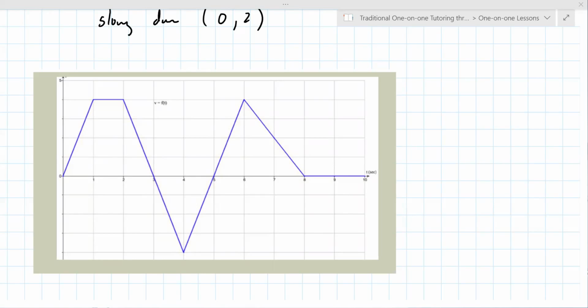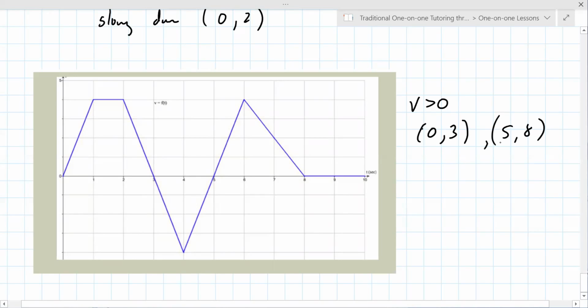Let's go through a few of these. Where is velocity greater than 0? 0 to 1 and 5 to 6. So 0 to 3 and 5 to 6, 5 to 8.